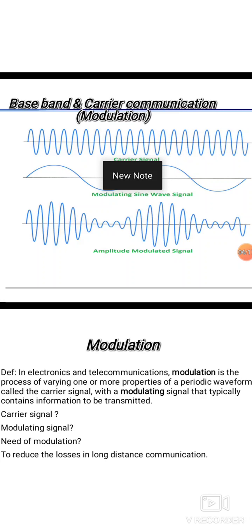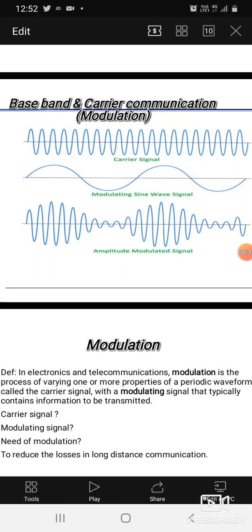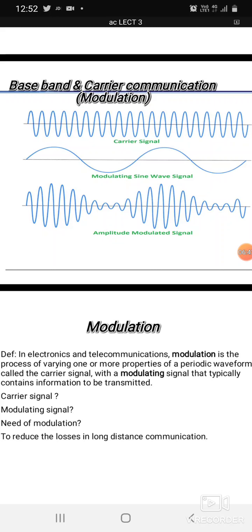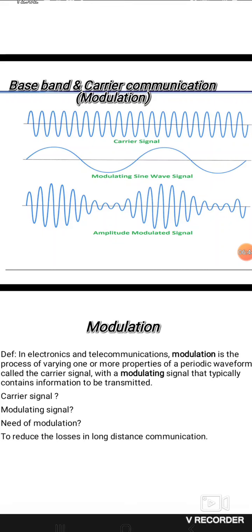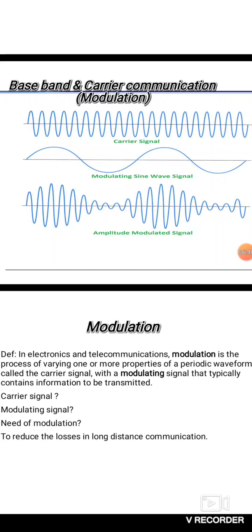You are the message signal, or the information signal, or the modulating signal. Now you know your strength: after walking for 1 kilometer, 2 kilometers, your strength will be reduced, and also your speed is not high. Because of that you will not be able to cover the distance in less time.